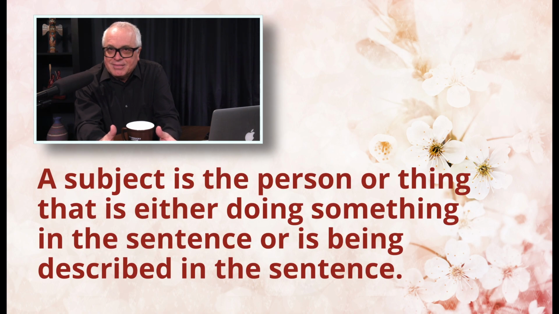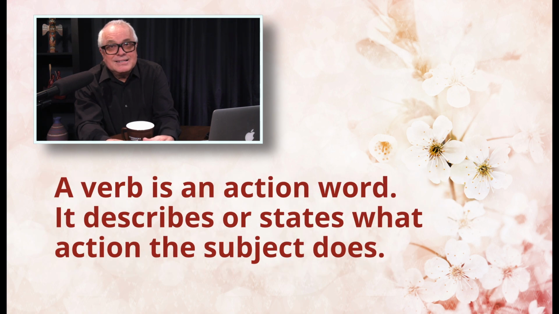Subject. A subject is the person or thing that is either doing something in the sentence or is being described in the sentence. A verb is an action word. It describes or states what action the subject does.